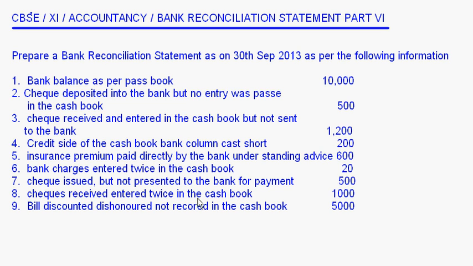Checks received entered twice in the cash book. When you receive the checks, the check has been received for rupees 1000, but it has been entered twice in the cash book. So the cash book balance increases by 1000 rupees basically, right? It should have been 1000 rupees, but in the cash book it is put as 2000 rupees now. So it is more in the cash book by 1000 rupees, right? In the cash book it is 2000, whereas in the bank it is only 1000.